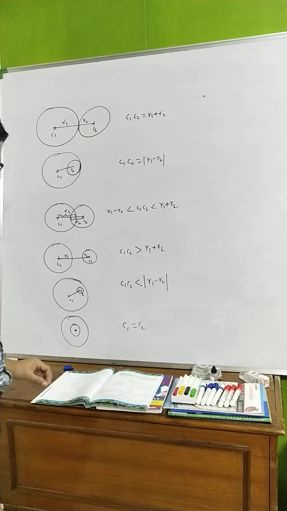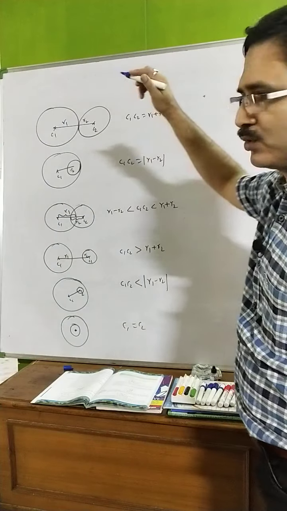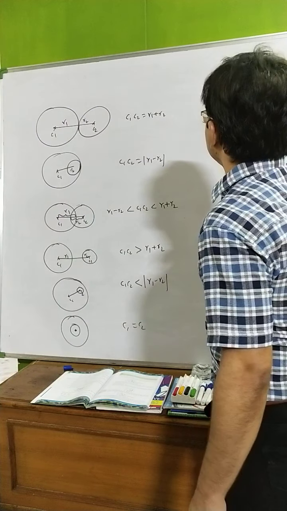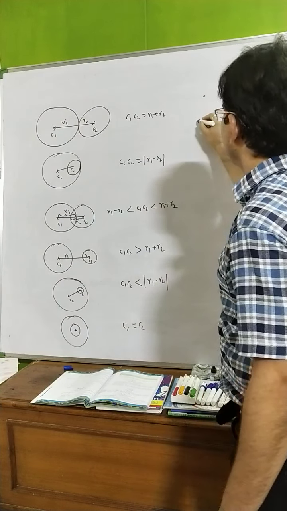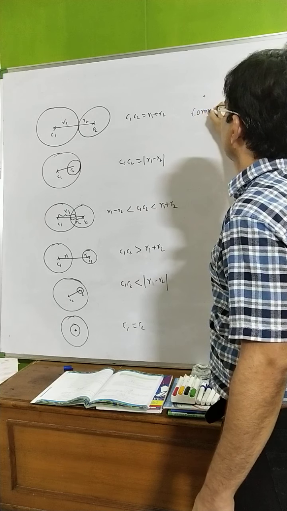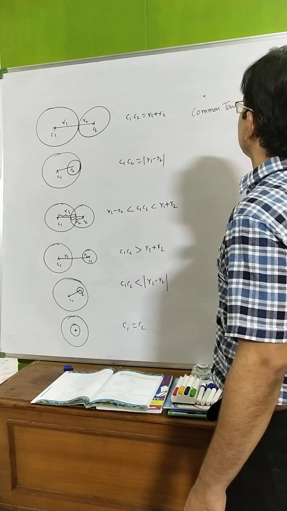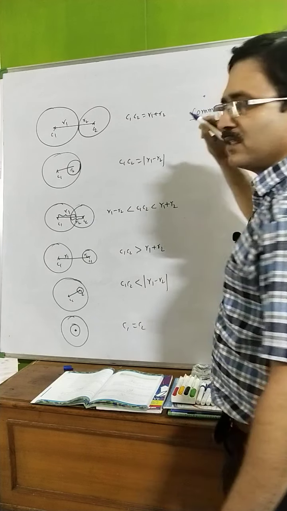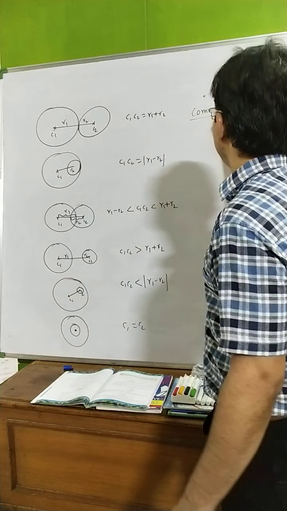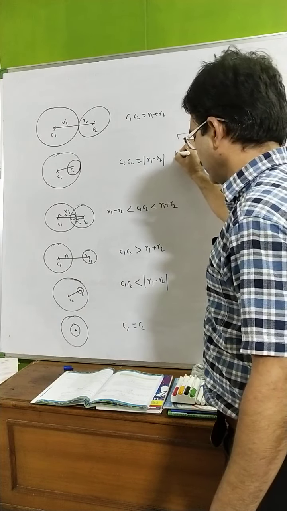Now, when you talk about the number of tangents, directly here we have to discuss 2 points. First of all, let me tell you clearly, common tangents. Common tangents are of two types. One is direct common tangent.